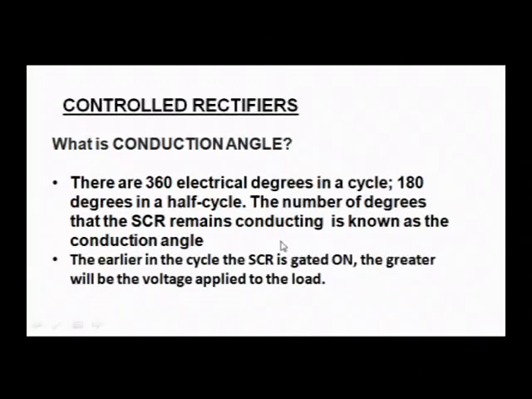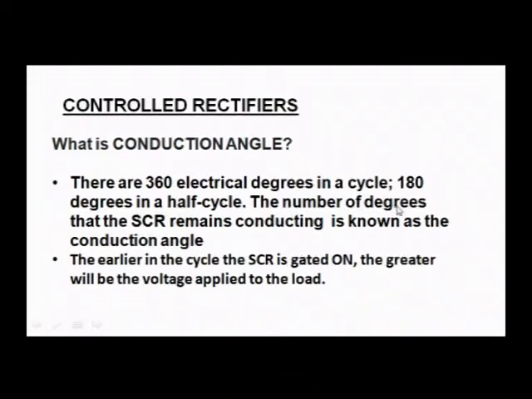The moment the SCR is turned on, it remains on till the voltage passes through 0 and goes negative. Let us see what is conduction angle. There are 360 electrical degrees in a cycle, which we already know, and 180 degrees in a half cycle.